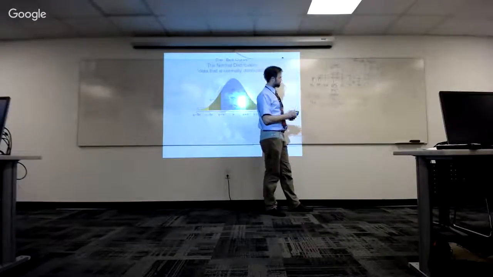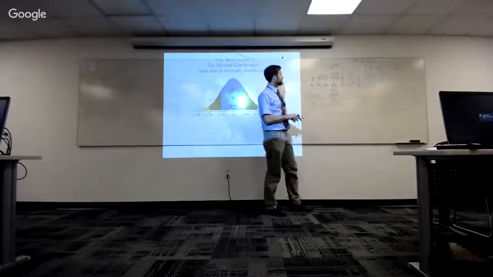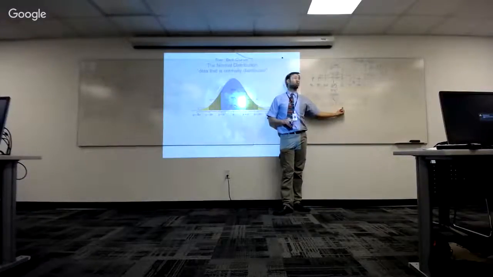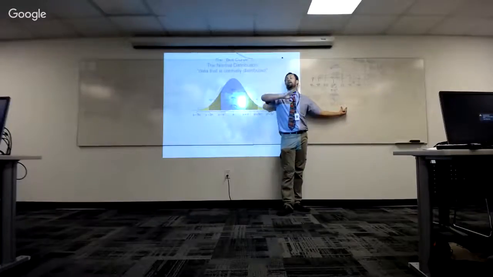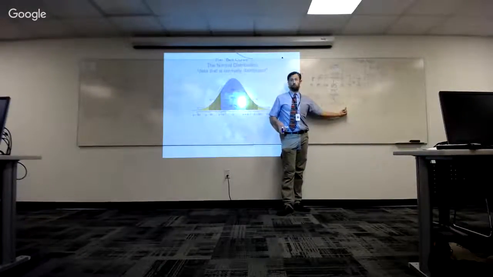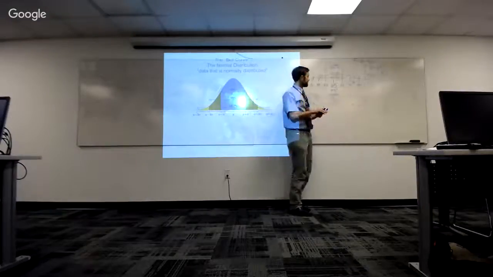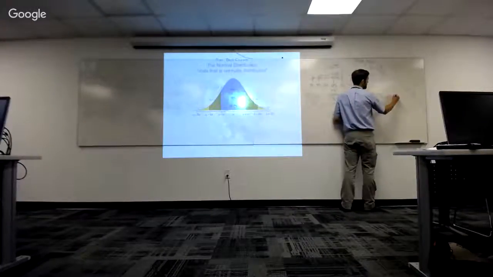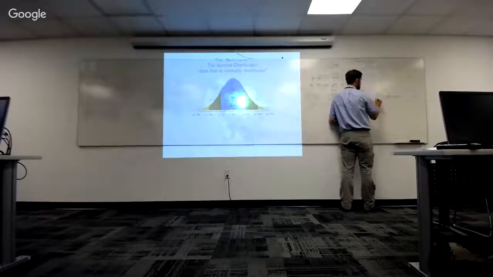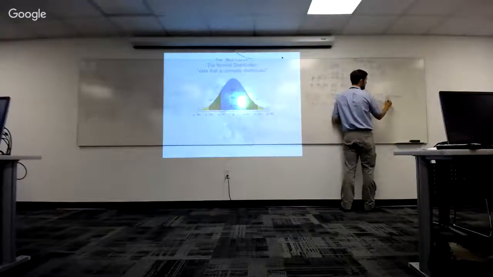So just as a real quick question then, what percent of your population is more than 3 standard deviations away from the mean? If 99.7% of all people are within 3 standard deviations of the mean, how many people are more than 3 standard deviations from the mean? 0.3%. Now keep in mind, 0.3% are more than 3 standard deviations from the mean.